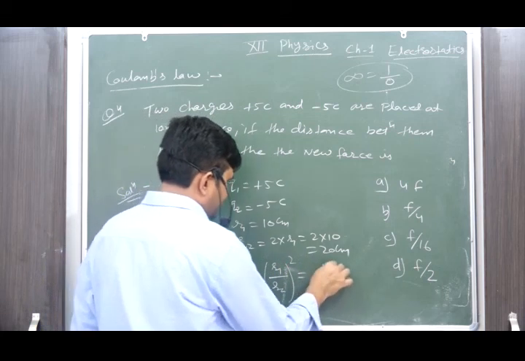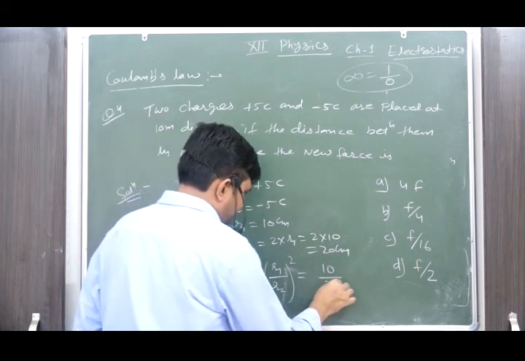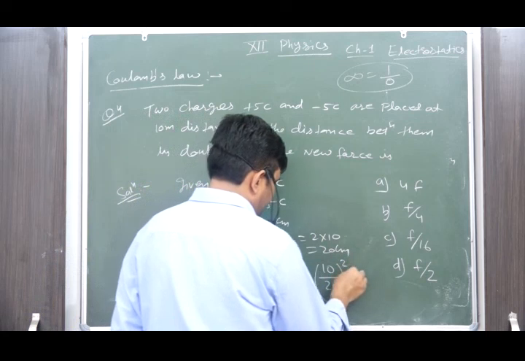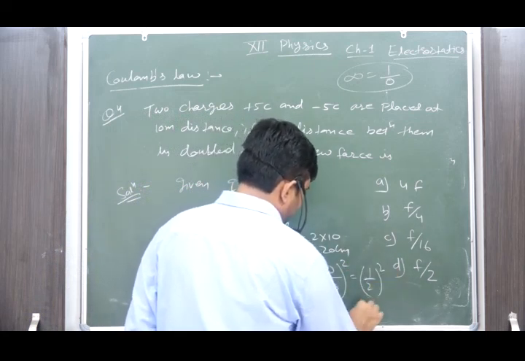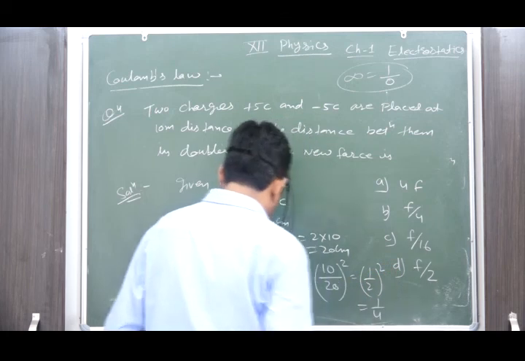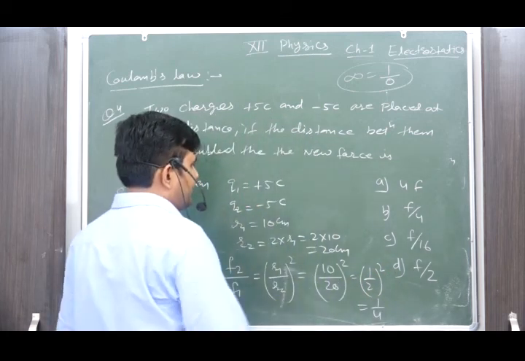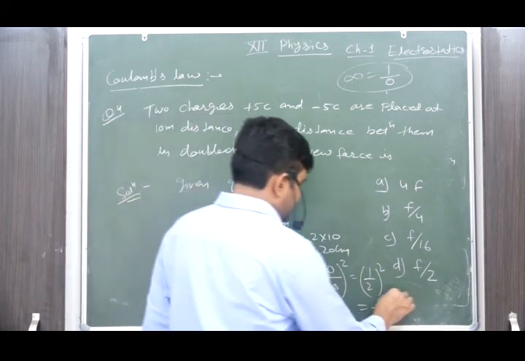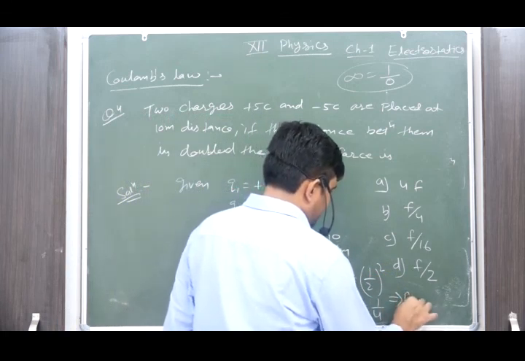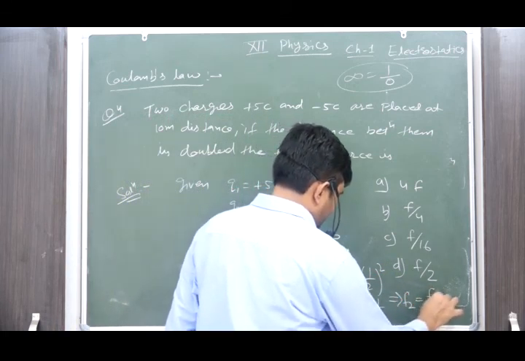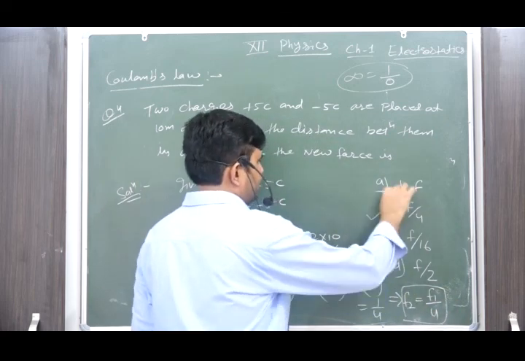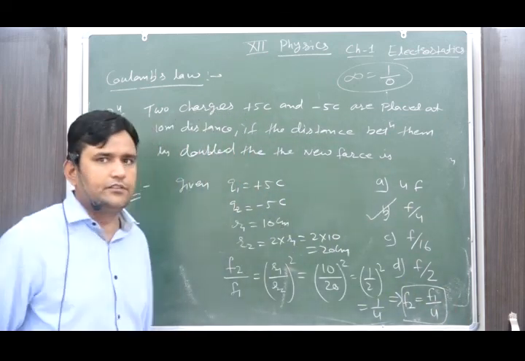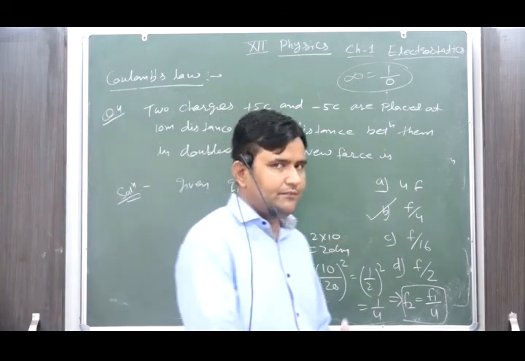With R1 as 10 and R2 as 20, it is 1 by 2 square, which gives 1 by 4. Now F1 is cross multiplied and we get the final result F2 equal to F1 upon 4. So F by 4 is your answer. Is it clear?